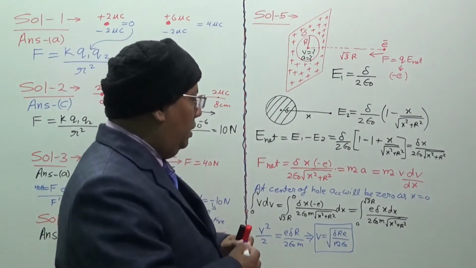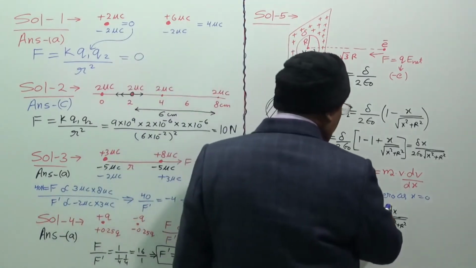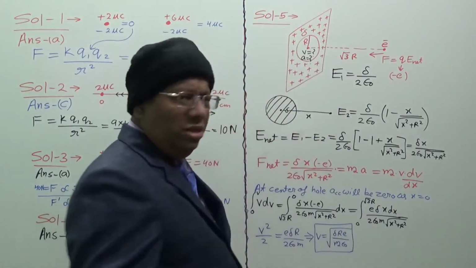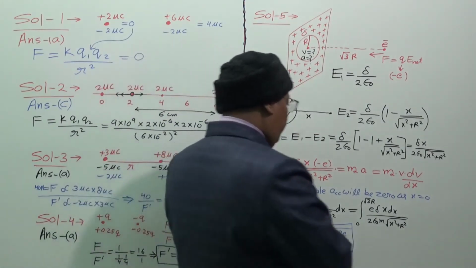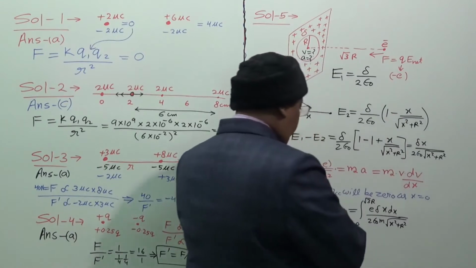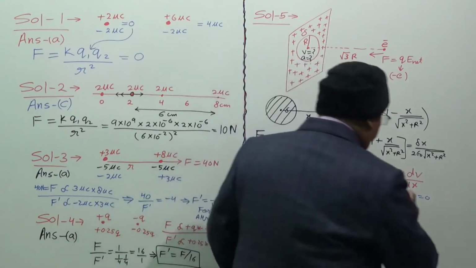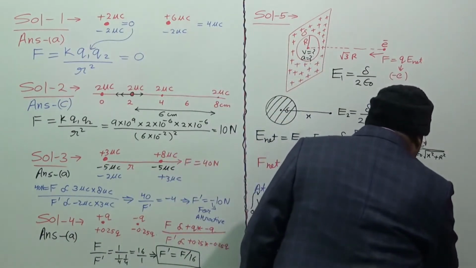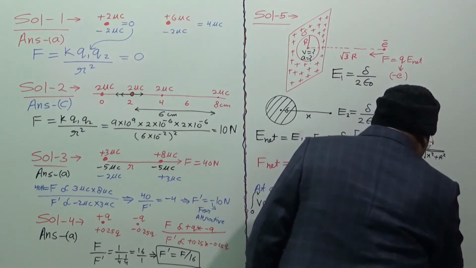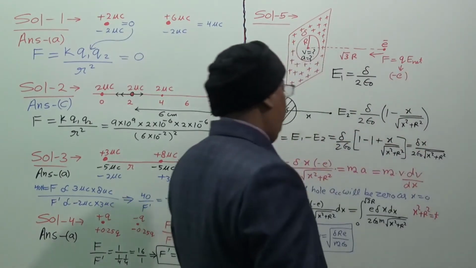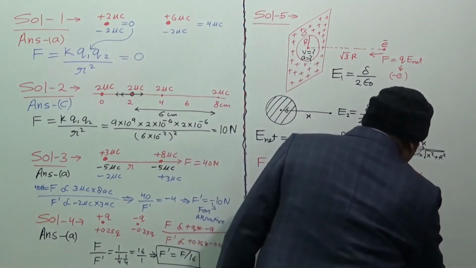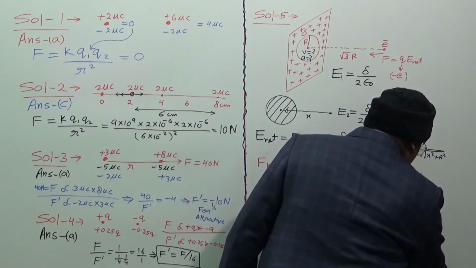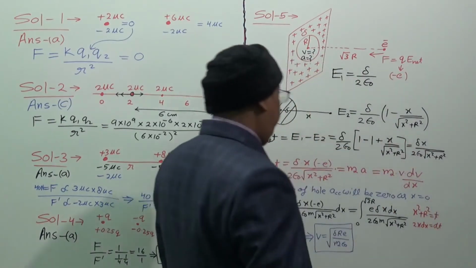You can say, sir, how do you calculate it? That is too easy. You can put here x square plus r square is equal to t. Then 2x dx is equal to dt.